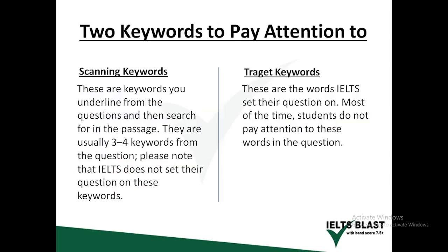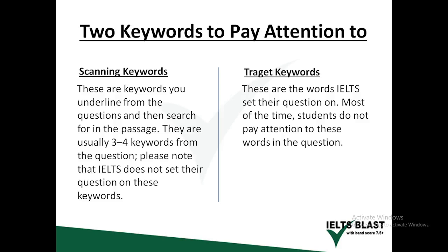Now, there are two keywords you need to pay attention to when trying to answer the true, false, not given. These two keywords are the scanning keyword and the target keyword. Now, the scanning keyword, these are words you underline from the question.